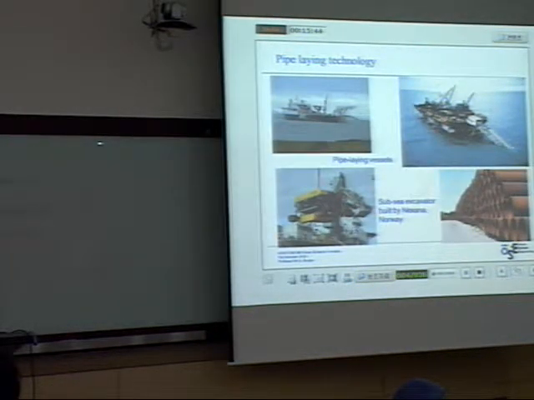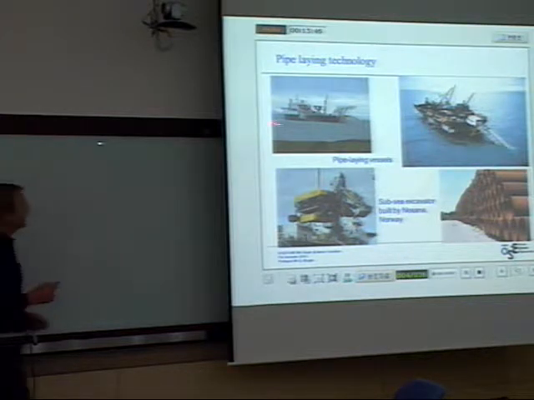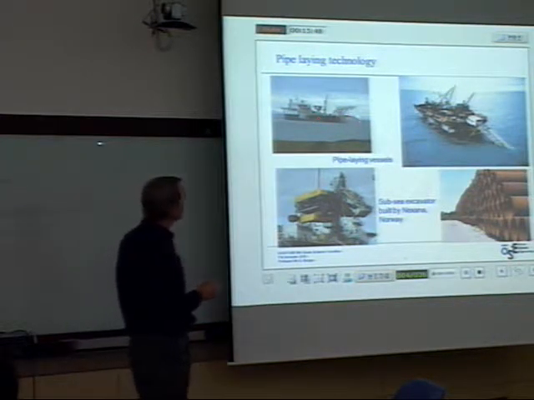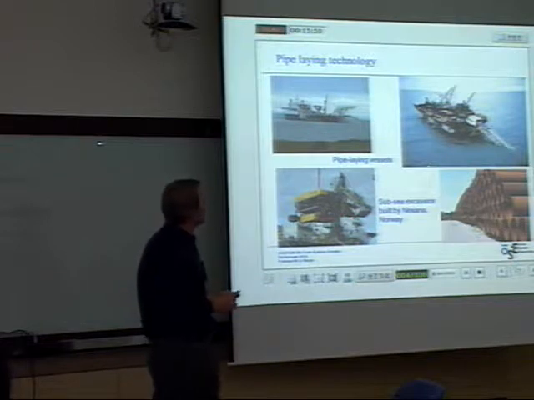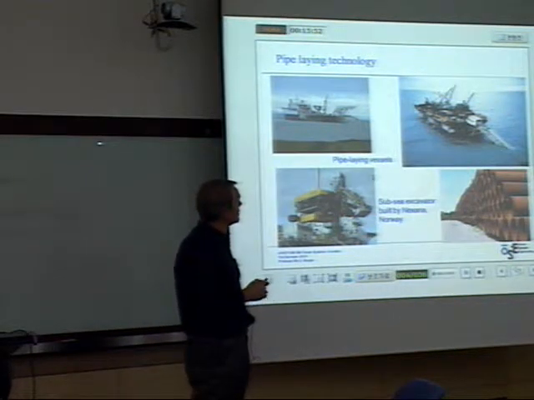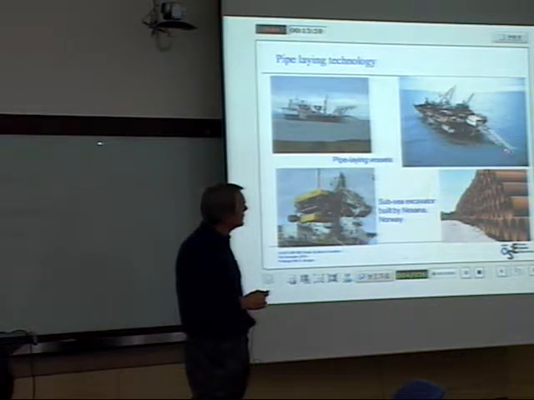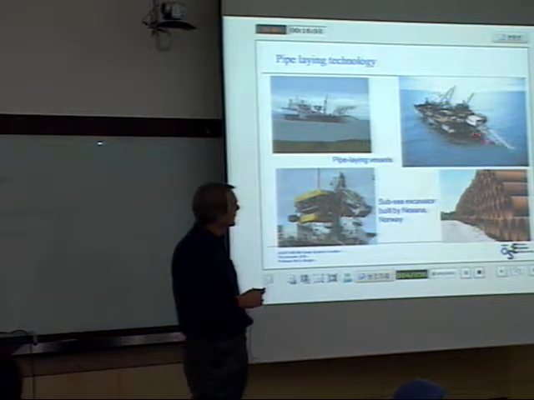So how is this done? And here you see a pipe-laying ship. And here is more heavy equipment. It's more like a semi-submersible, right? And you see what's going into the sea here is called, I think, a stringer.